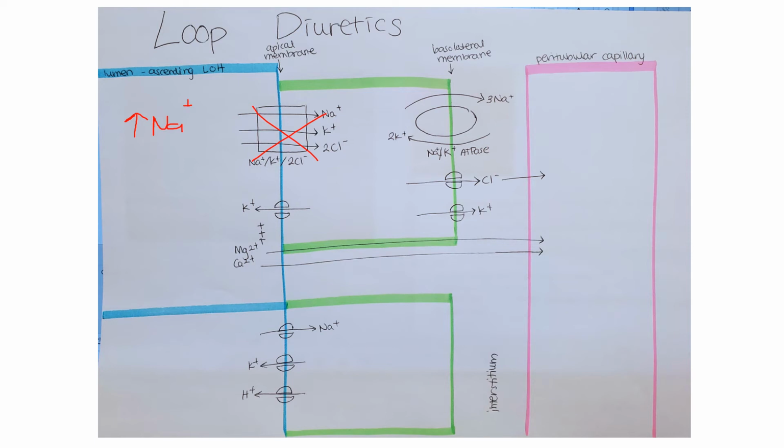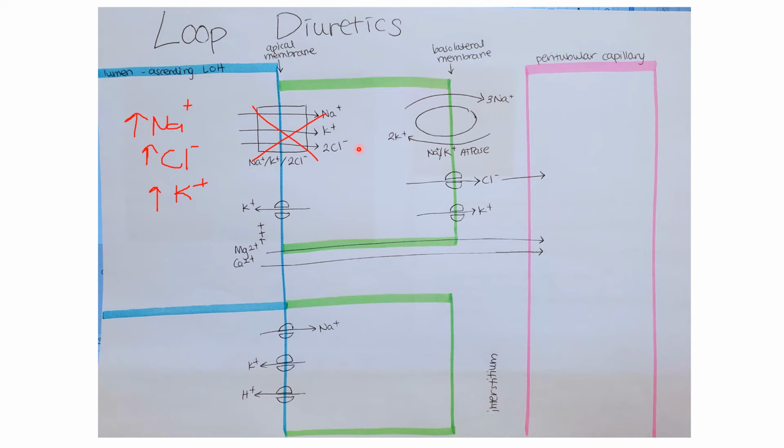And then we also have less chloride coming in, so we increase our chloride concentration in the filtrate. And then we also have less potassium, so we increase potassium here. And we decrease the concentration of these 3 ions inside the cell, all right?